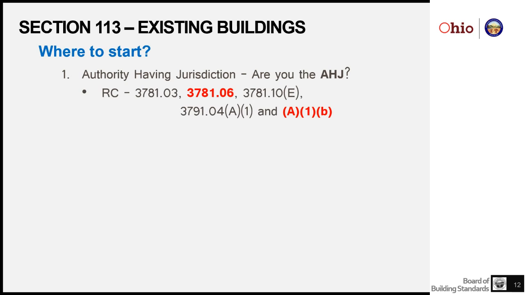And one of the things that is unique for the residential code is actually found at 3791.04(A)(1)(b), which says that if a jurisdiction doesn't have a building department approved by the Board of Building Standards to enforce the Residential Code of Ohio, then the owner is not required to submit or make an application for plan approval.